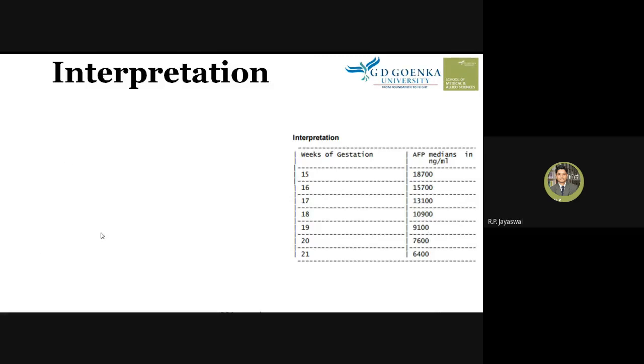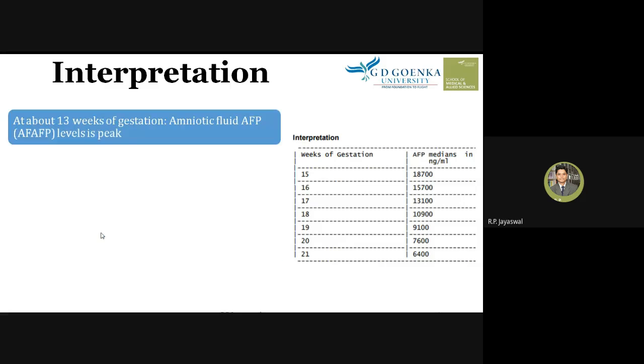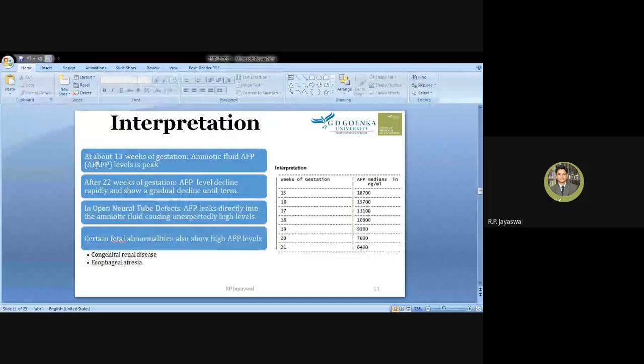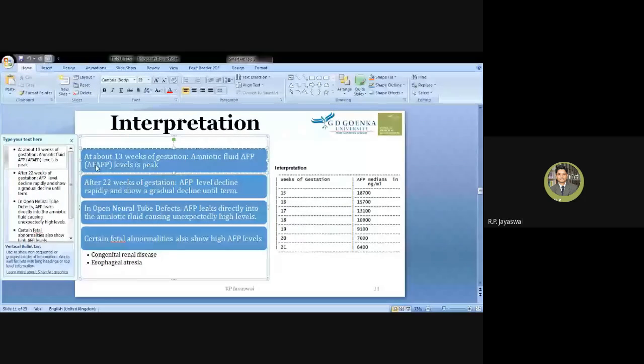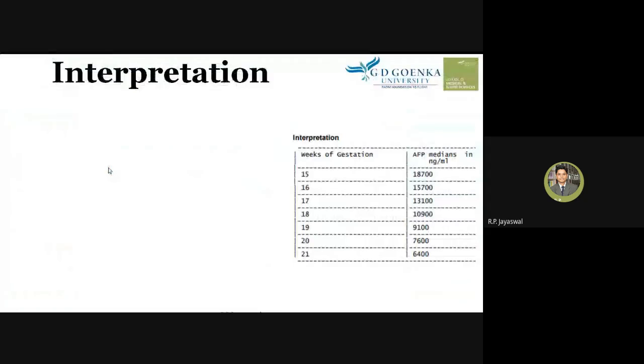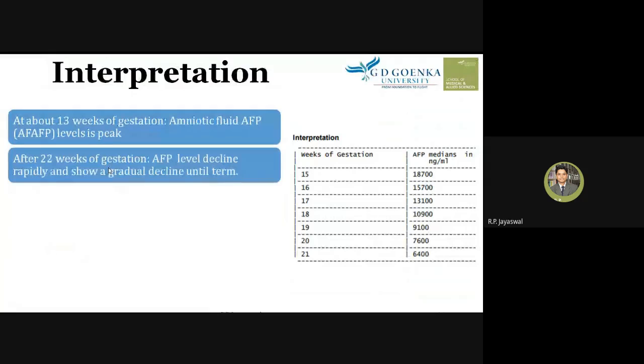We can now observe the interpretation: at about 13 weeks of gestation, the amniotic fluid alpha fetoprotein level is at its peak. Okay, this is AFAFP, A for amniotic, F for fluid, and alpha fetoprotein is at the peak level.